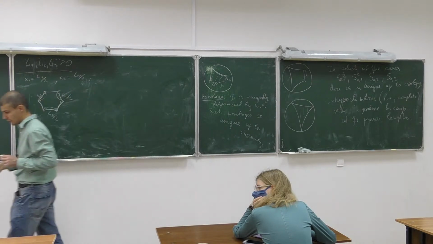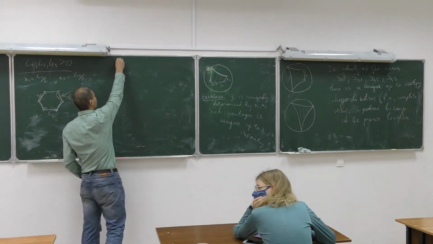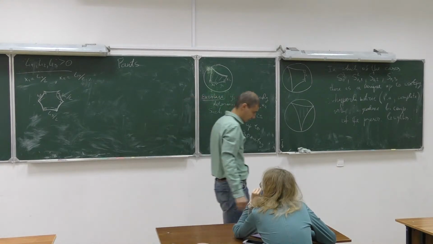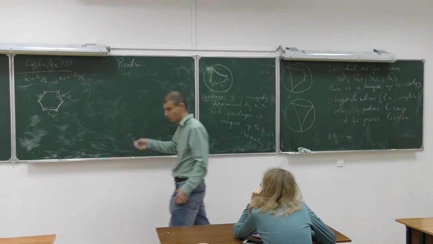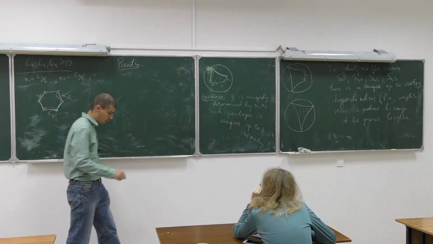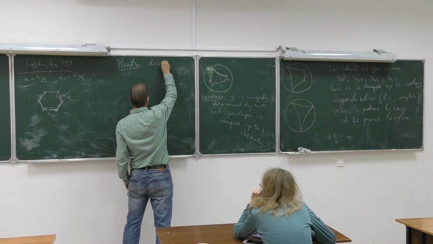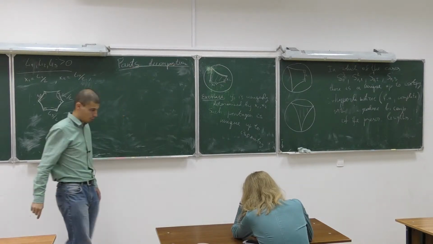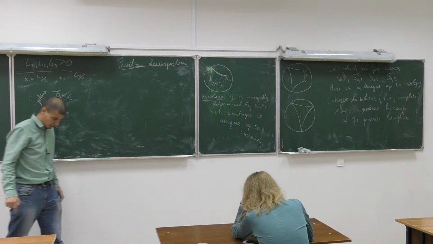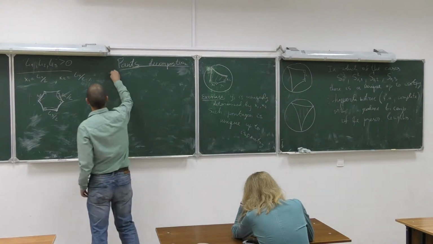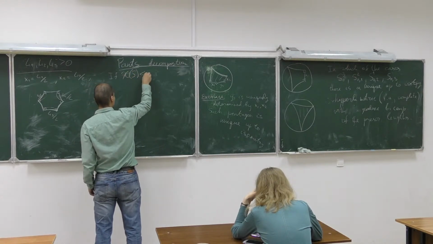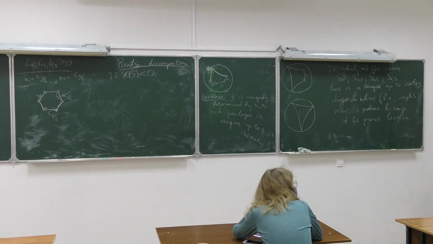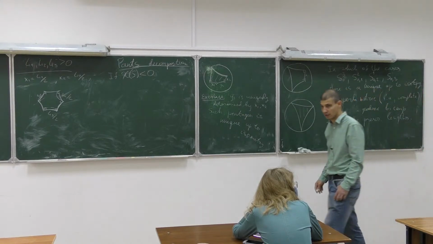But okay, a useful fact is that for any surface of negative Euler characteristic, which we are interested in, there is a so-called pants decomposition. This means the following: if the Euler characteristic is negative, then we can find a collection of pairwise non-intersecting simple closed curves.